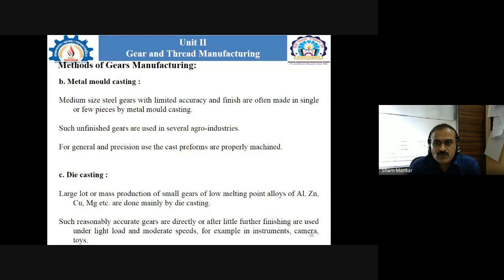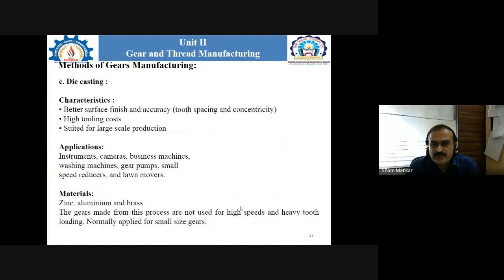Once we prepare the gear using this die, some finishing operations are also required, so as to get the required dimensions of the gear.